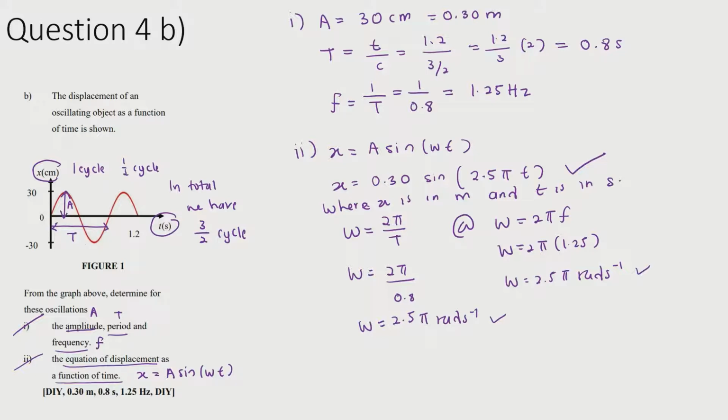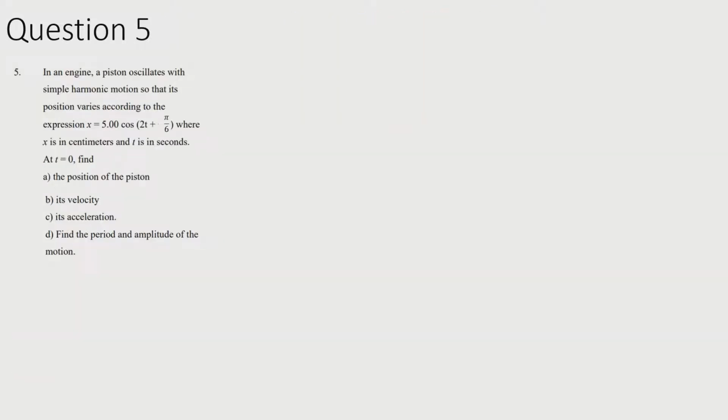Okay, we're done with question number 4. Now let's look at question number 5. So in an engine, a piston oscillates with simple harmonic motion so that its position varies according to the expression x equals to 5 cos(2t plus pi over 6), where x is in centimeter.